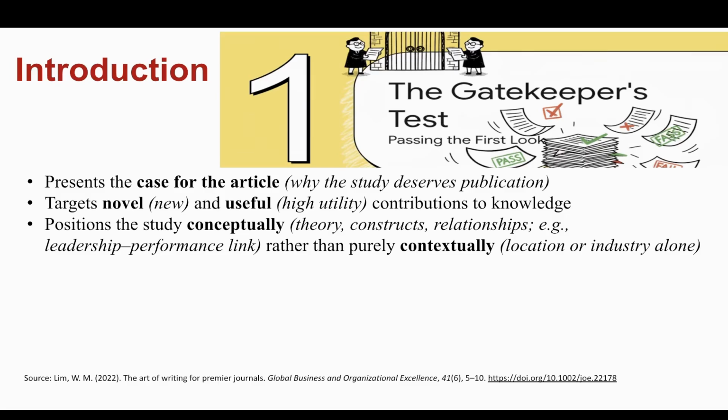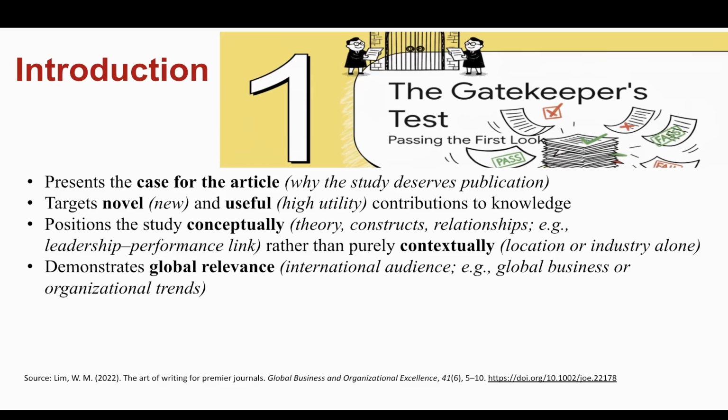They just do it in a different industry, and the topic and everything is the same. So please note, it is not a very big contribution to the body of knowledge. We have to make sure that it is not only unique in terms of location or industry, but that the work is also conceptually robust.